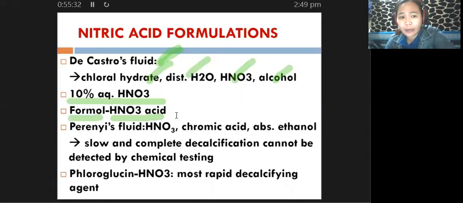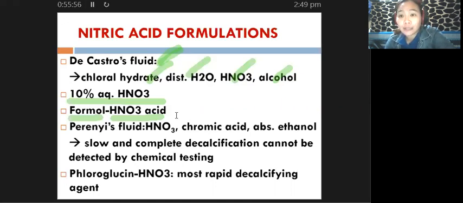And then the next one, we have your perennious fluid. Your perennious fluid is composed of your nitric acid, your chromic acid, and your absolute alcohol. In other references, it is absolute ethanol specifically. So what can you observe in your perennious fluid?